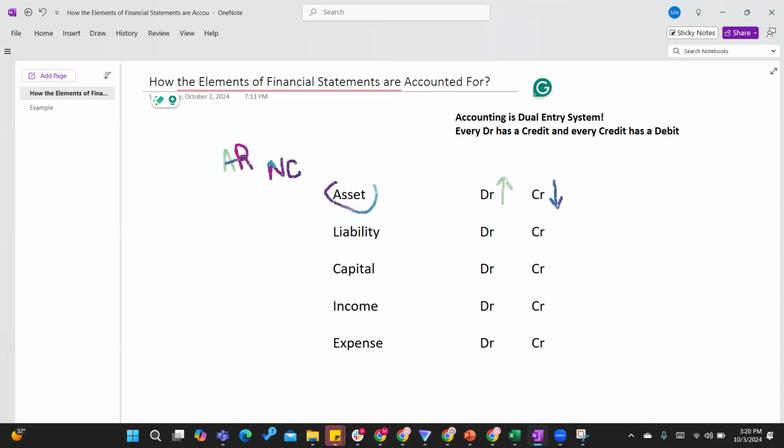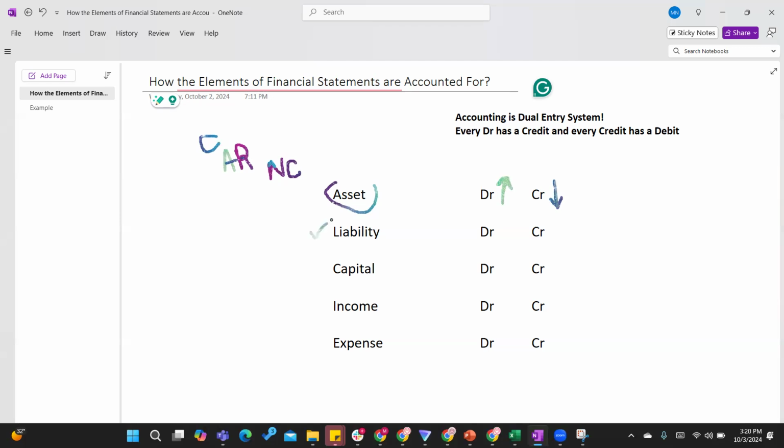So that's what we call AR, accounts receivable, which means we will be getting money in the future, and this is going to be a current asset. So anything that falls into the asset category, whenever it increases, we are going to debit it, and whenever it decreases, we are going to credit it, right?